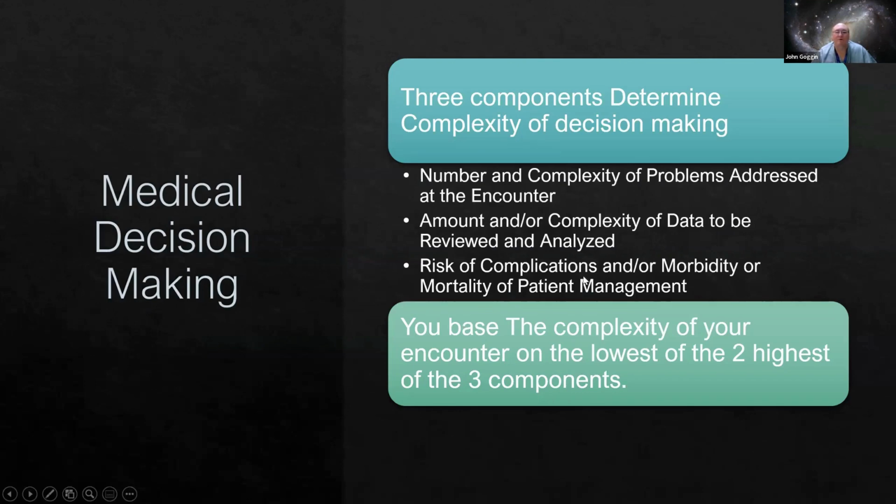And then the risk of complications or morbidity, mortality that's associated with whatever treatment you're going to recommend, or with the condition that the patient presents with. And then this is a horrible sentence, but it's the best way to describe it. So you base the complexity of your medical decision making on the lowest of the 2 highest of the 3 components.